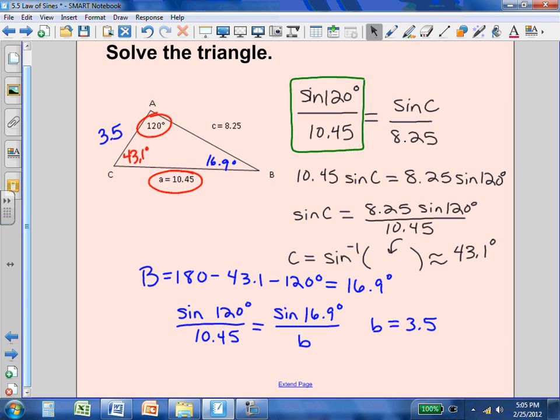It is across from our middle-sized angle. 43 is between 120 and 16.9. And then, of course, our smallest angle is across from our shortest side. And we'll always work like that. And you should always double check that that is indeed the case when you get done solving a triangle. Okay, so there's our first triangle done with law of sines.